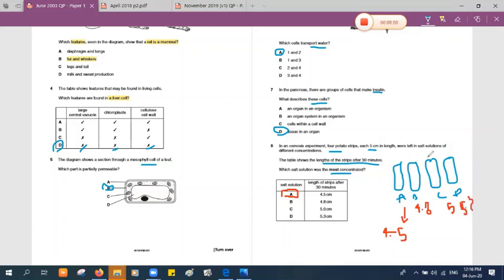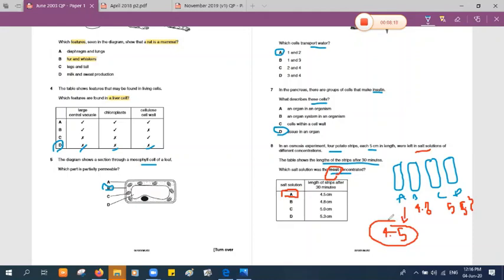So here, to know the most concentrated salt solution, we have to look for the lowest what? Lowest length of the cell. Okay, did you get the answer?